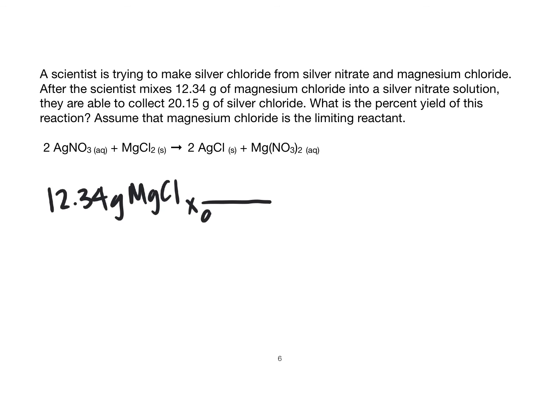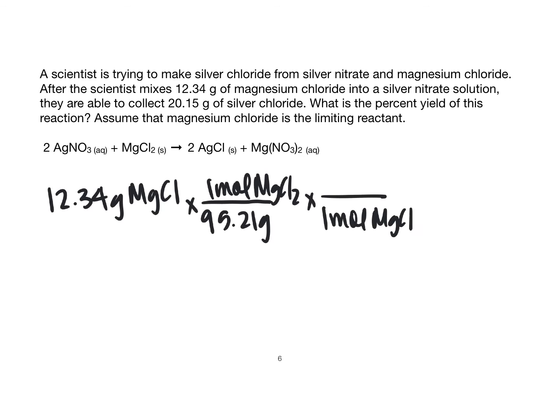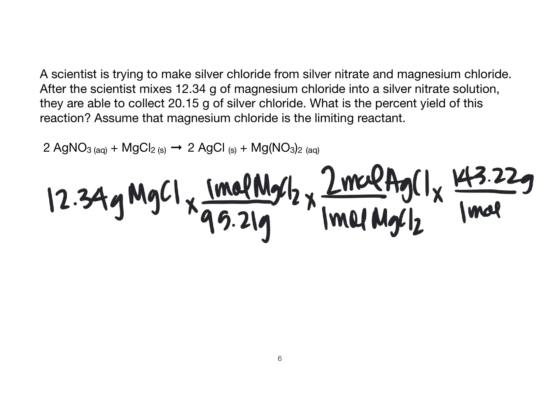So magnesium chloride weighs 95.21 grams for 1 mole of MgCl2. There are 1 mole of MgCl2 for 2 moles of AgCl. There are 143.22 grams in 1 mole of silver chloride. And so when we plug this into our calculator, we get a theoretical yield of 37.15 grams.